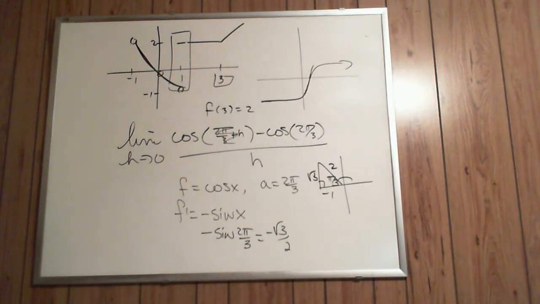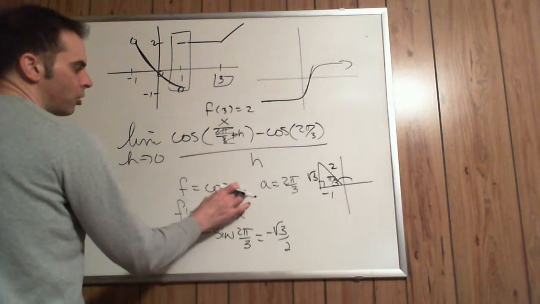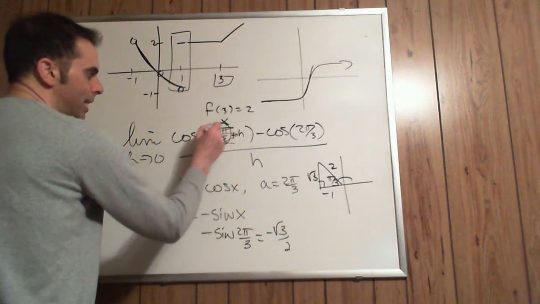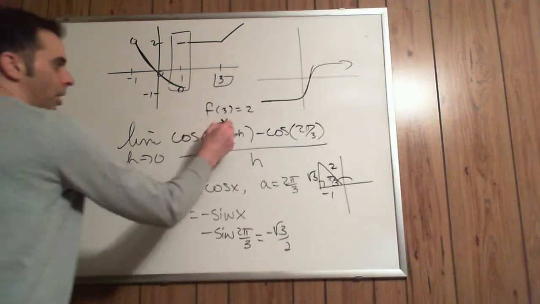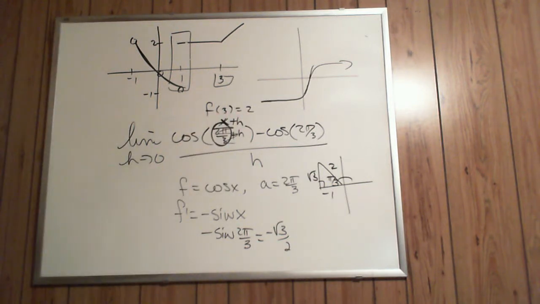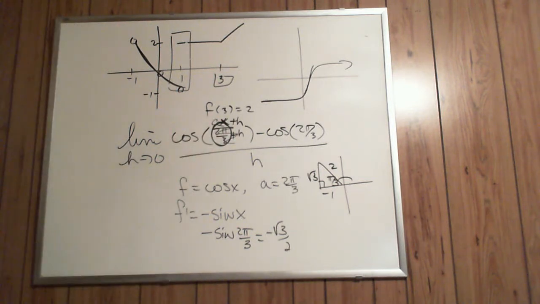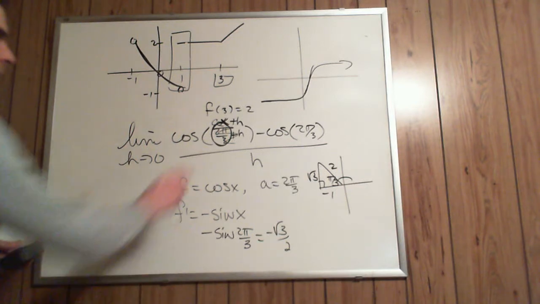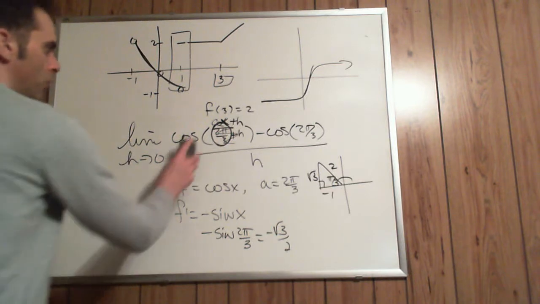So remember, cover the inside stuff here. Replace that with x, that's the function. This portion is the a value. So if this were x plus h, then it would be the derivative at x. If this were a plus h, it would be the derivative of cosine at x equals a. This here is what the derivative is being evaluated at. Just another quick form.